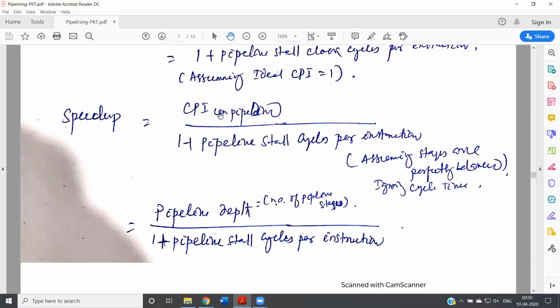CPI non-pipeline is nothing but the number of stages the processor is divided into; that number of stages entirely is the non-pipeline CPI. From this we can conclude that speedup is directly proportional to the pipeline depth or the number of stages, and inversely proportional to the pipeline stall clock cycles per instruction. The more the number of stages, the better the speedup. However, the more the stalls, the lower the speedup.